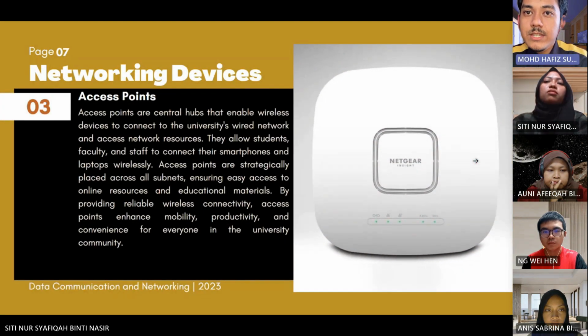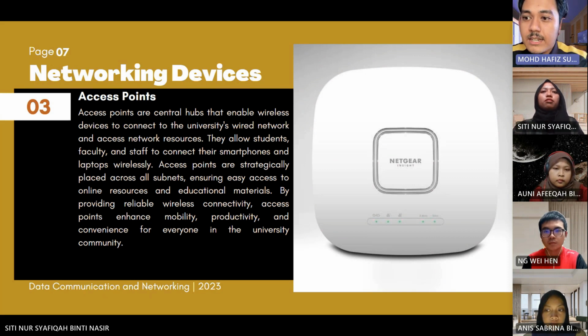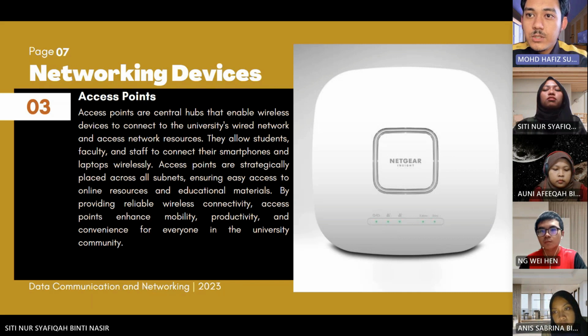Next, we chose access points. These access points are the central hubs that enable wireless devices to connect to the university wired network and access network resources, allowing students, faculty, and staff to connect their smartphones and laptops wirelessly.